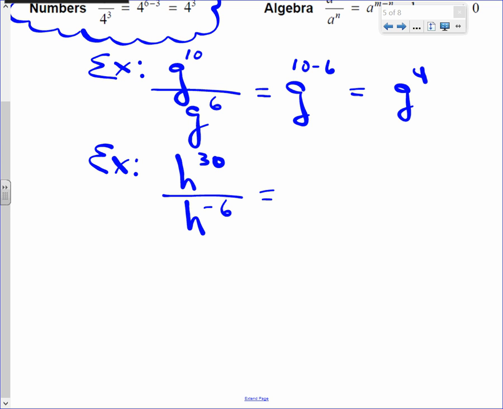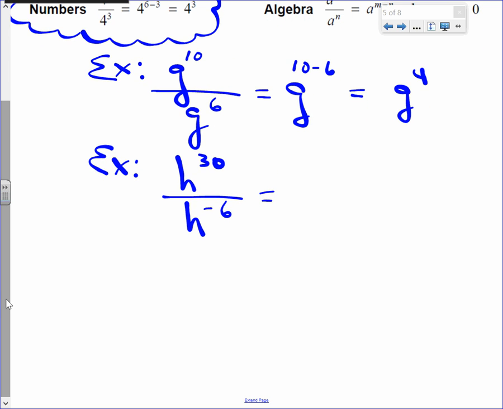So the rule says, by the way, Castro, do we have the same base here? Yeah, h, we're dividing. So somebody help Castro. She said h to the 24th.